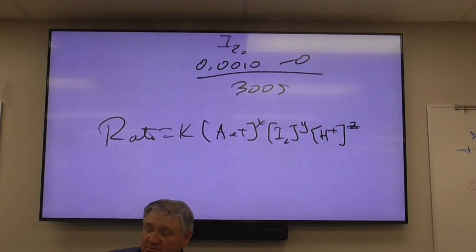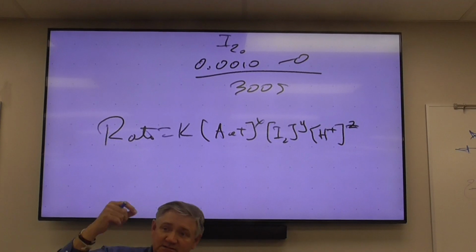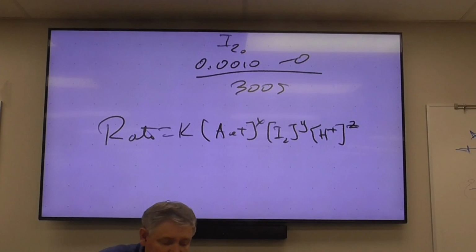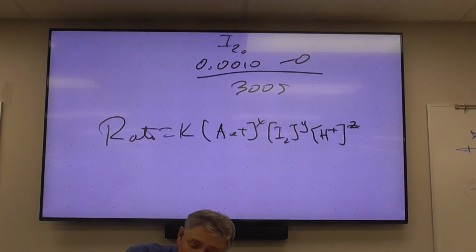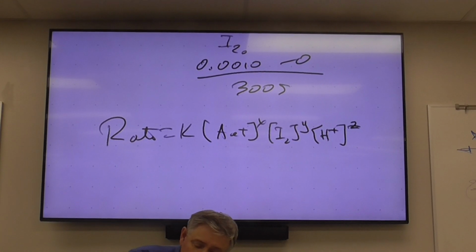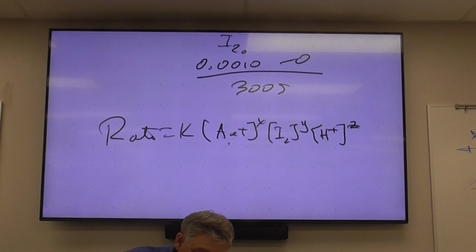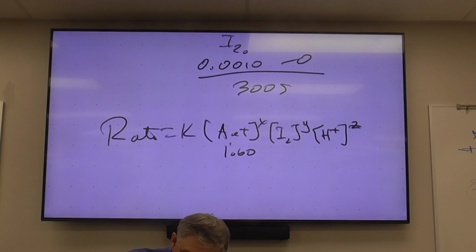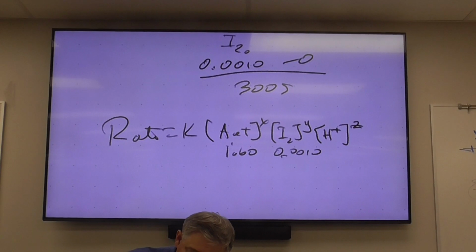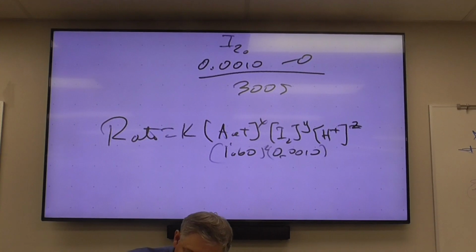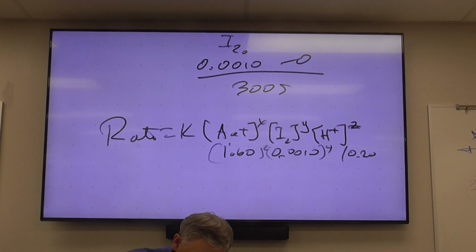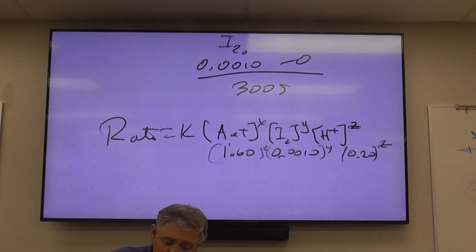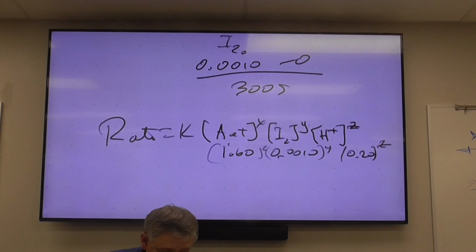So we have 3 different possible reactants that could influence the rate of this reaction. On rate 2, here's what I want. Where it says rate 2, write k, put in the value for the acetone on reaction 2, which is 1.60, then 0.0010 to the y, and then 0.20 to the z. Then do the same thing for rate 1, putting in the same x, y, and z.